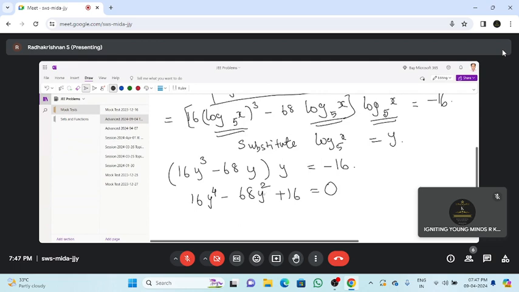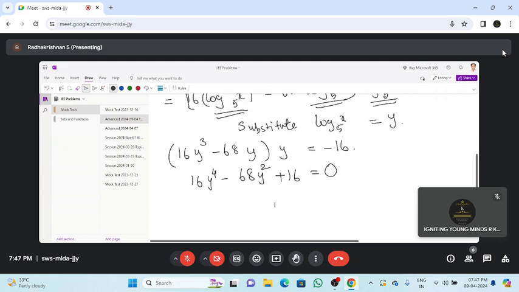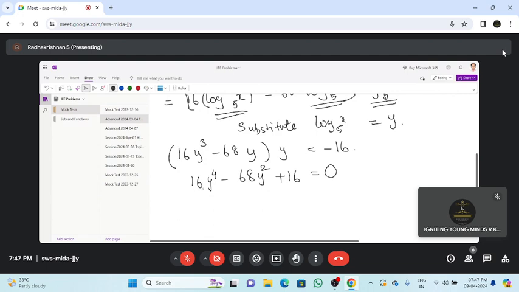You might need another substitution, or we can simply work treating it like a quadratic equation, right? How can we simplify this? First, we can do a simplification. You see that every term is divisible by 4, right? So instead of dealing with big numbers, we can do a simplification first.